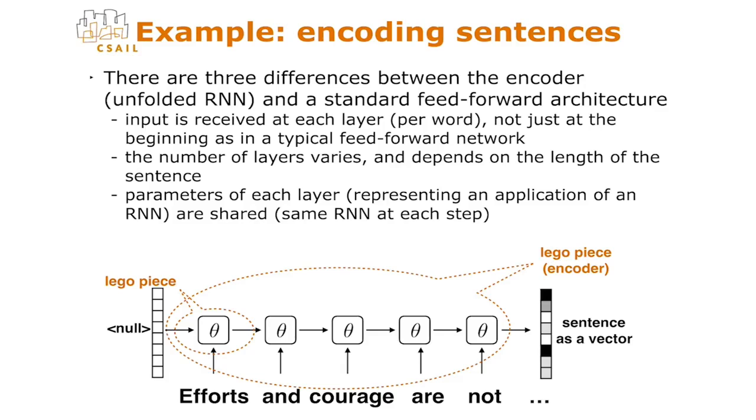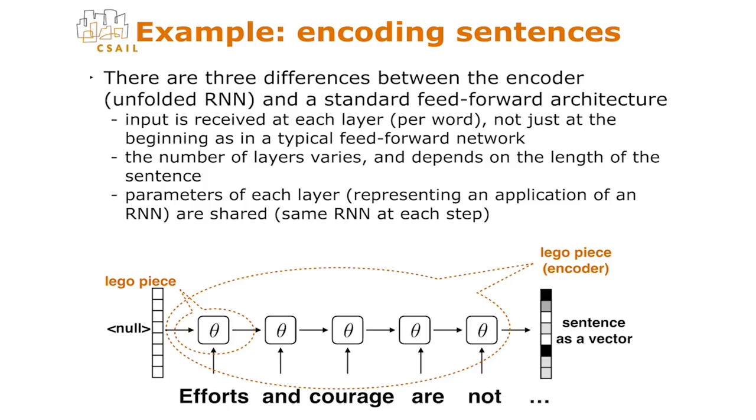Let's see how our recurrent neural network approach differs from a standard feed-forward neural network. As we have applied this box sequentially for each word, in response to each word, we turn the sentence into a vector. It looks like, as it's laid out here, unfolded along the sequence, just a feed-forward neural network.